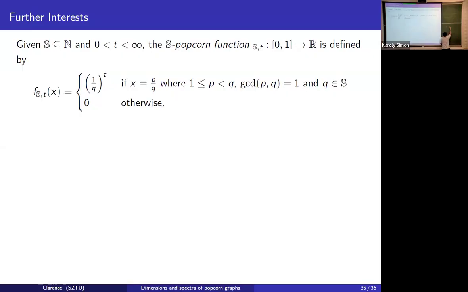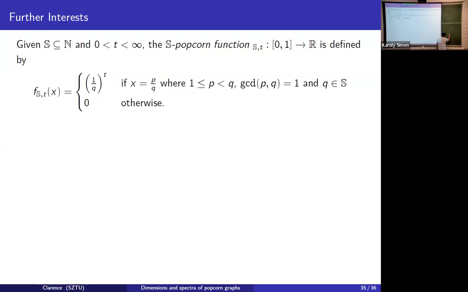For example, if q equals 4, the possible choice of p in the coprime setting is only 1 and 3, since q equals 4 is not a prime.